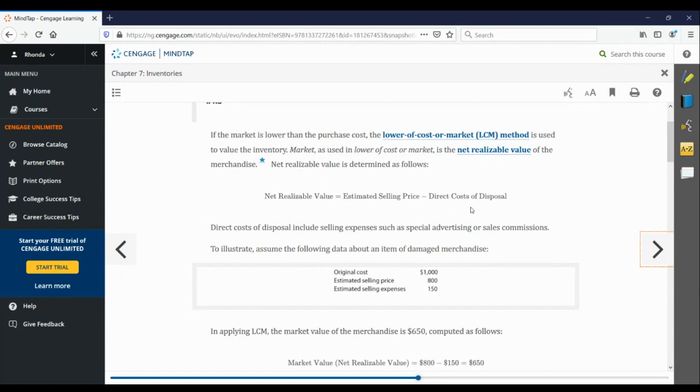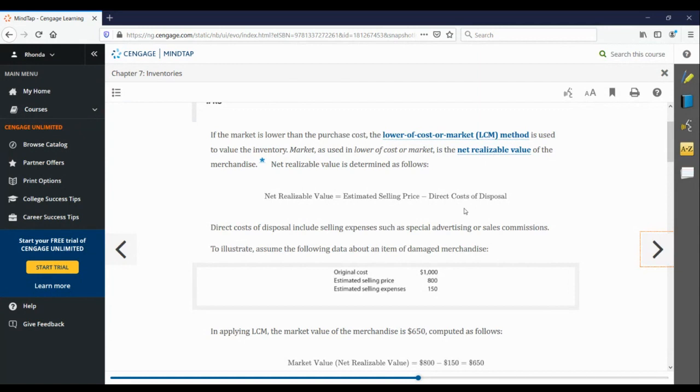We might also have to pay our salespeople a little bit more, give them some more sales commissions in order to give them an incentive to sell that obsolete inventory, or inventory that's not selling as quickly as you want it to. And so the extra selling commissions would become a direct cost of disposal.